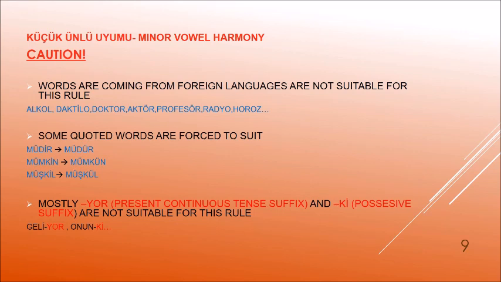It becomes mümkün. So müşkil, müşkül. The right sides, they are all fitting for minor vowel harmony. Please be careful. And the third one is mostly the present continuous tense suffix and the ki possessive suffix, which are not suitable for this rule, such as geliyor, onunki. You can see our word root includes these suffixes, so we can say automatically these words are not fitting for küçük ünlü uyumu, minor vowel harmony.